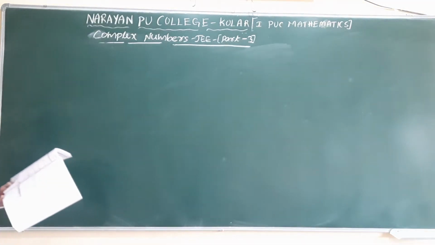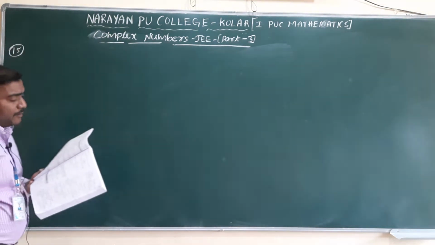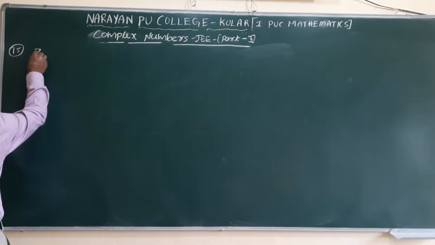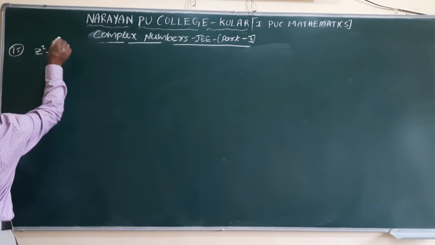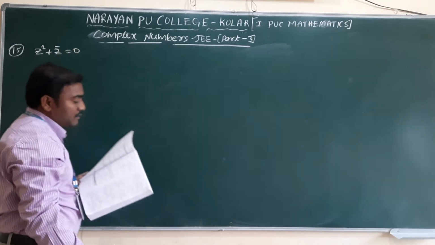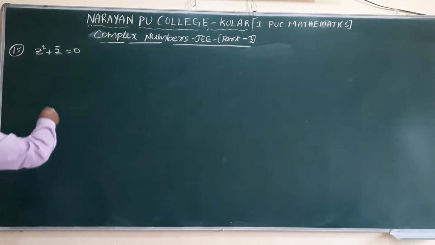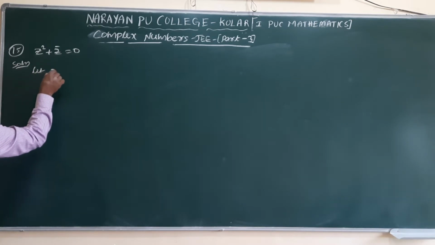Next question, question number 15. The number of solutions of the equation z square plus z bar is equal to 0. Let z is equal to x plus iy.